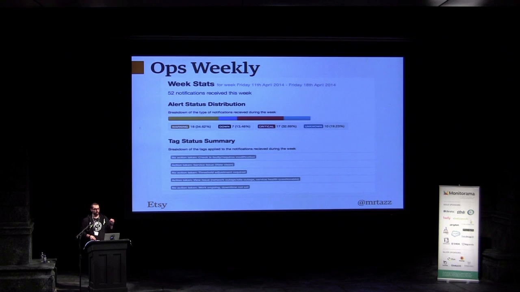Then when we talk about the on-call in the ops meeting, we have stats about what's going on, what the main problem in the on-call was, how critical and warning alerts relate to each other, and how actionable and non-actionable alerts relate to each other.